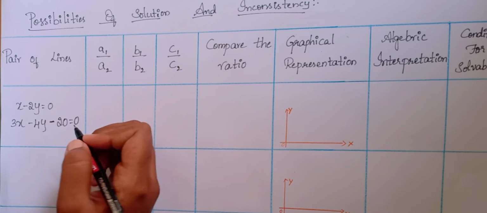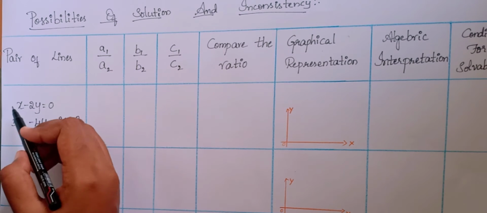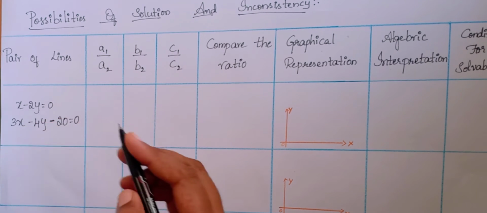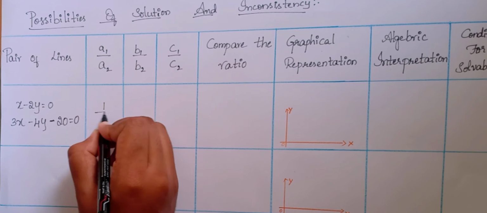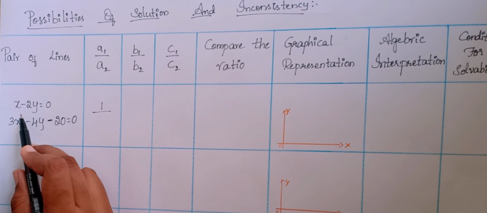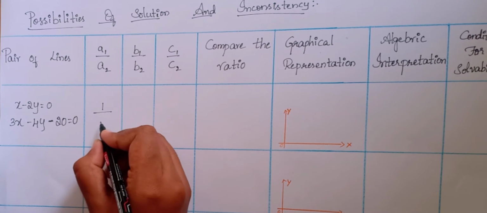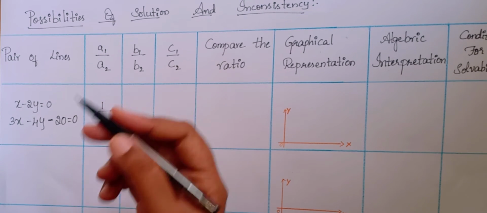equals 0. First we need to write A1; here there is no number written, so it is 1. So we get 1 divided by A2. This is A1 because it is the first equation, and this is the second equation. This x term is A, so here A2 is 3. Next we have B1 and B2.